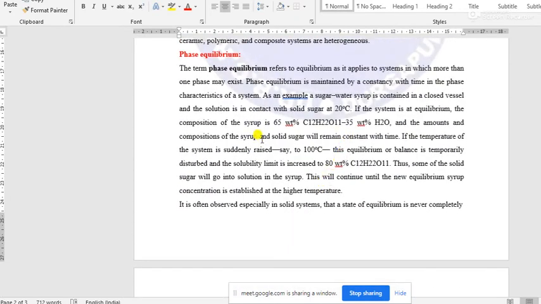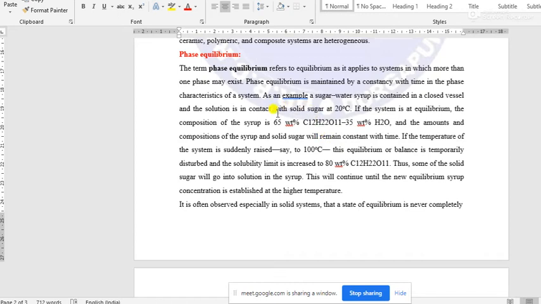If the solubility limit is 65%, then obviously at 20 degrees Celsius you will not be able to add more than 65% sugar in the solution, and 40% weight of water will be present in the solution.